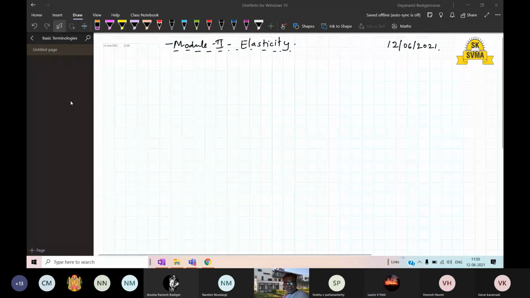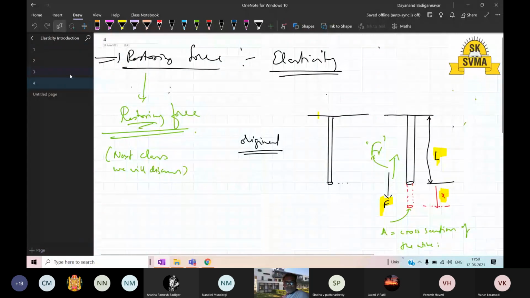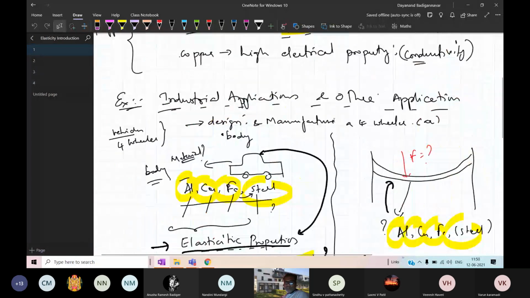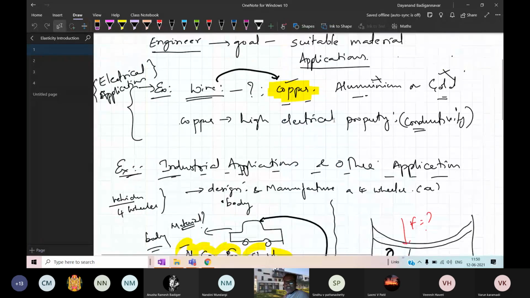Yes, okay, thank you. So in the last class, we discussed some basic concepts of elasticity. What is elasticity? The meaning of elasticity, and why we should study it.